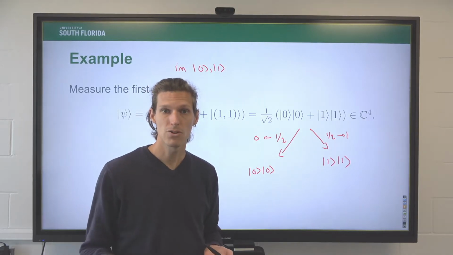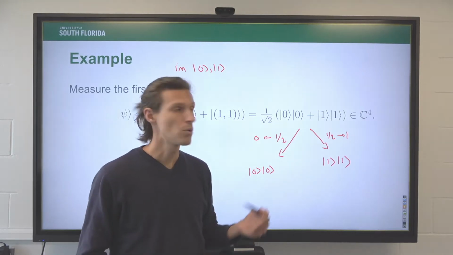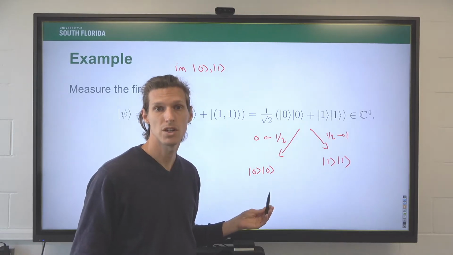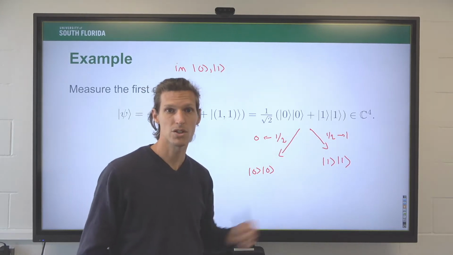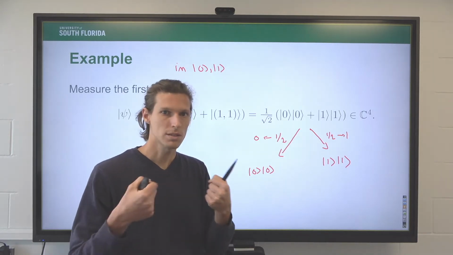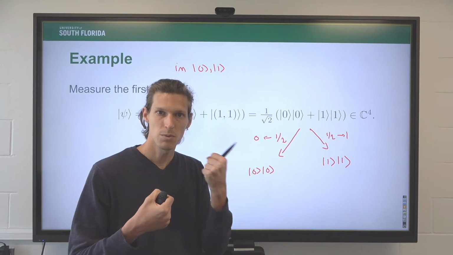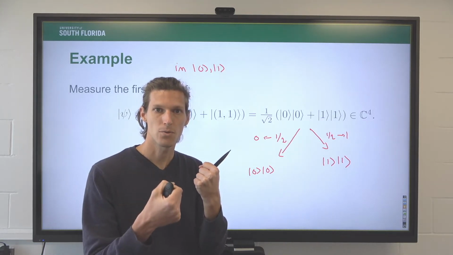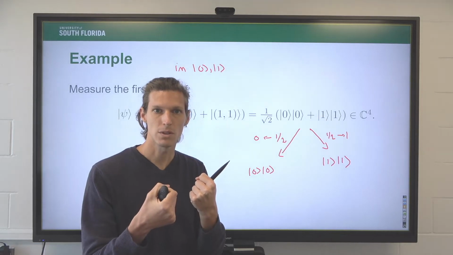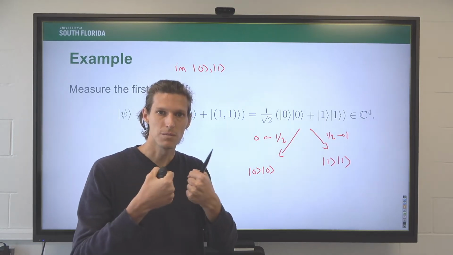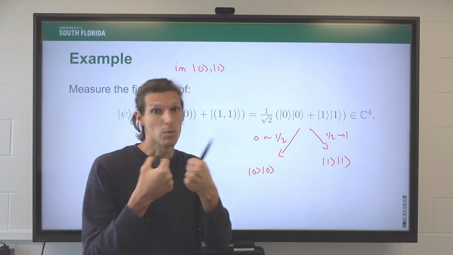If we had not measured it, it would have been 50-50. But once we've measured the first qubit, then we have a 100% chance of getting 0 or a 100% chance of getting 1. So what it means is those two qubits are not independent. The measurement of one fixes the possible value of the second one through a second measurement afterwards. So these are not 2 degrees of freedom. They're actually what we call entangled.